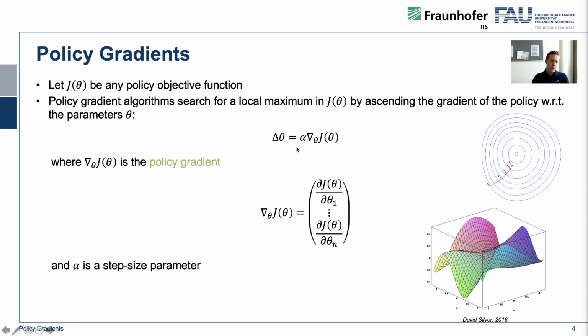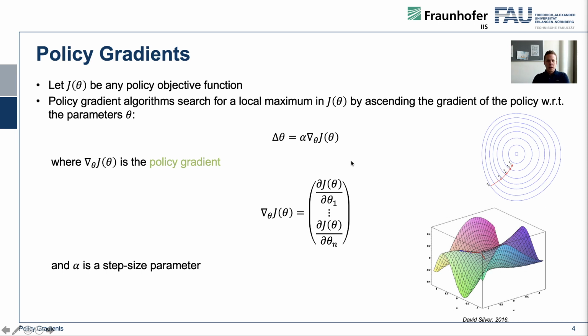So we want to define an update of our parameters, which is some learning rate in the direction of the gradient of the parameters. If you do these ascending steps, think of the maximum here being the local maximum, we apply small updates to our parameters so that we will reach the local maximum.